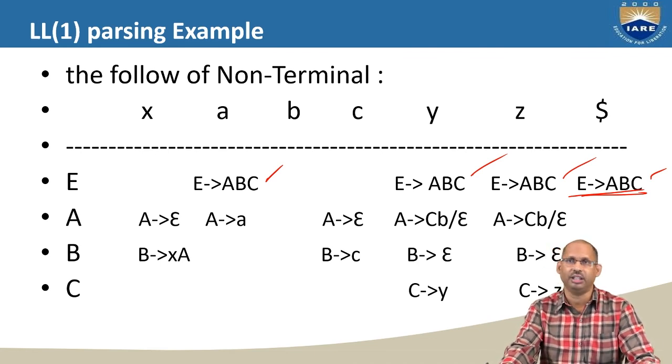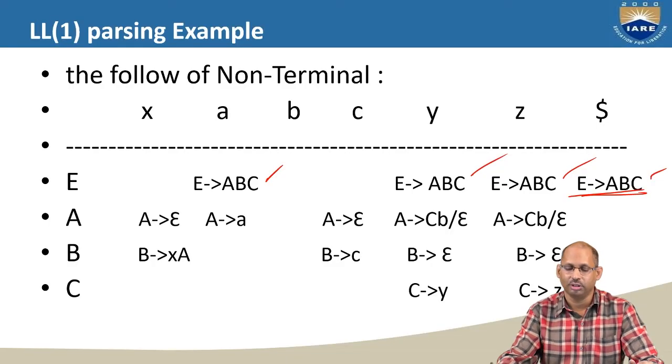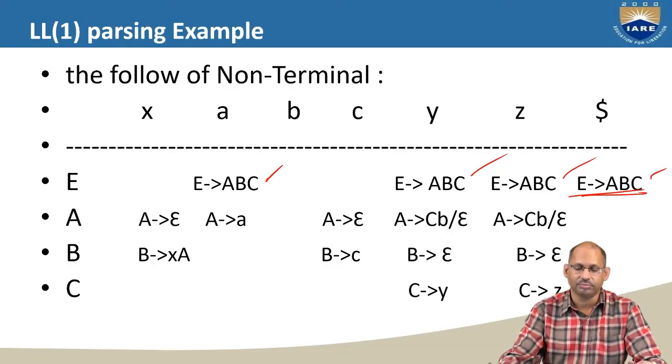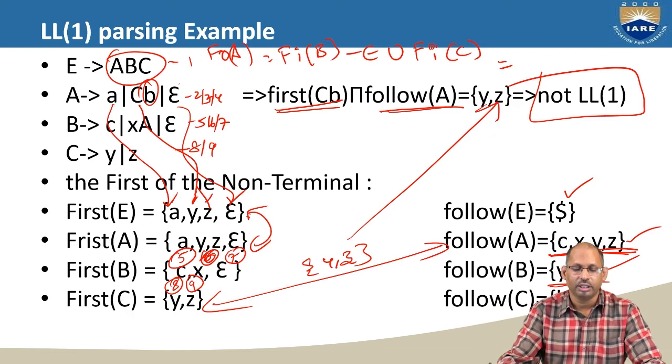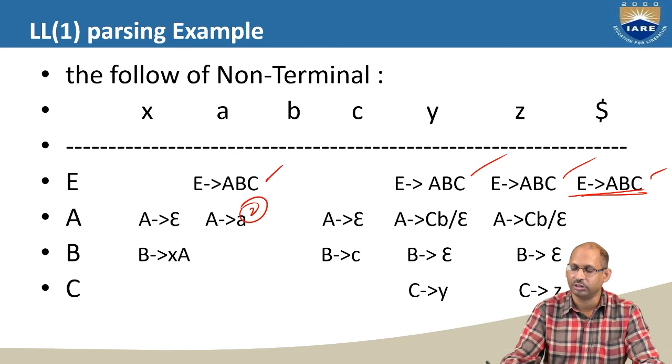So E gives ABC. Then for the second production, it is A. So this is the second production.